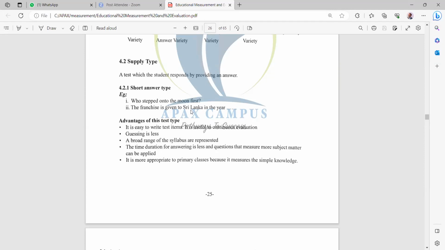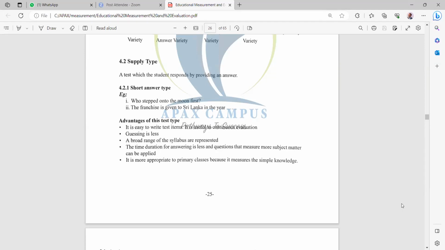Since it demands a very short answer, you don't have to spend a lot of time writing answers. Within a minute, you can write the answer. At the same time, more subject matter can be applied. In this type of question, we can include a lot of subject knowledge.